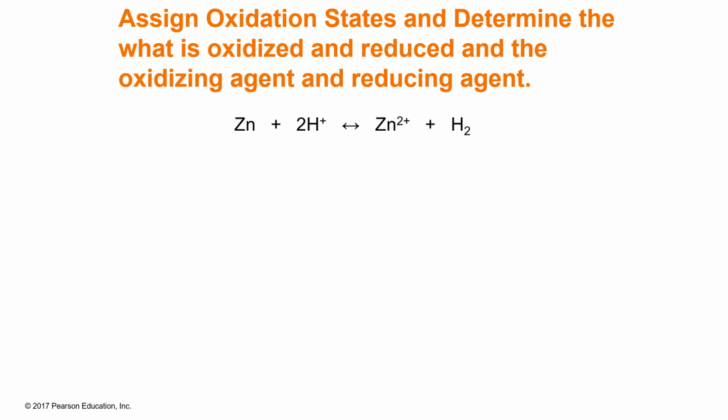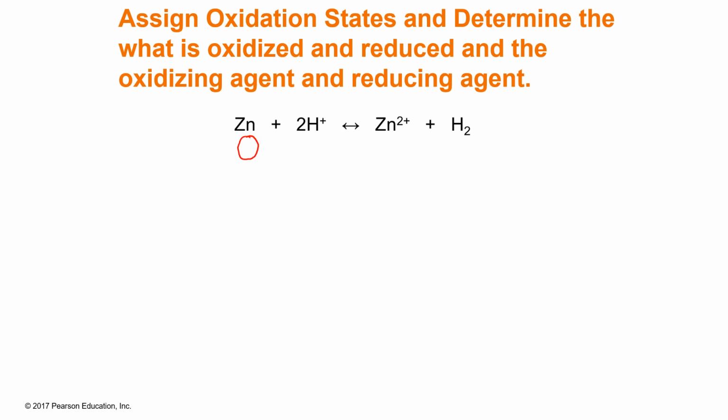So let's start with oxidation states because that helps us to determine the rest of the information. So if we have zinc with no charge written, its oxidation state is going to be 0 because it is in its elemental form. How about hydrogen? Here we have hydrogen. We know the charge is +1 for hydrogen.